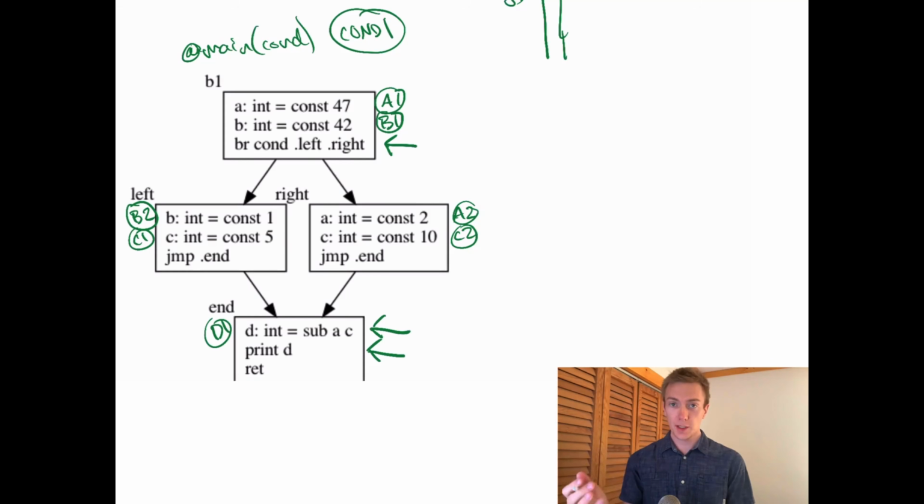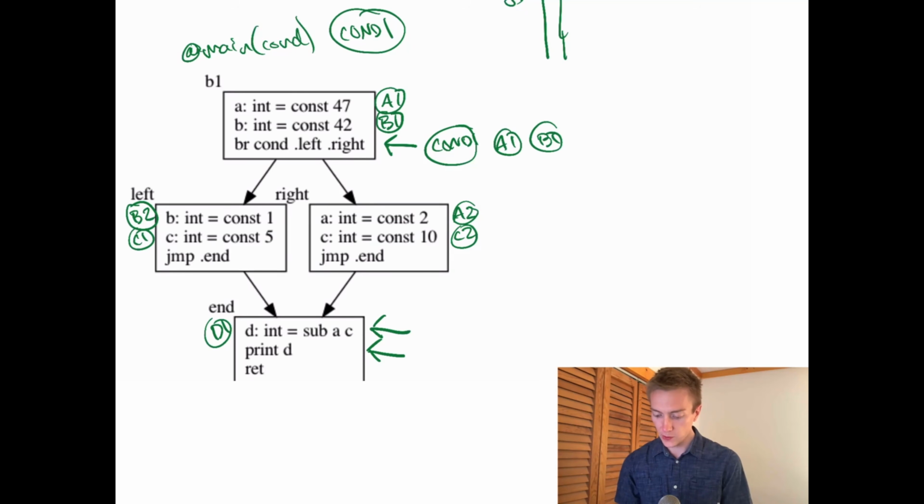My answer for which definitions are available, or reaching, at the branch instruction here is that, of course, cond1 is, and A1 and B1. Those definitions reach that point. Traversing through the rest of the graph, we now need to answer that question for this assignment to D, which is both, of course, a definition and a use. I've labeled it as D1 because it's a definition, but as a use, we can ask which definitions reach there, and the answer is pretty much all of them.